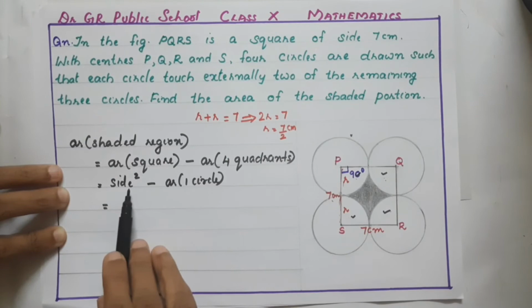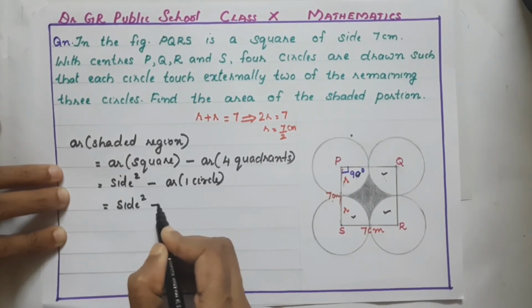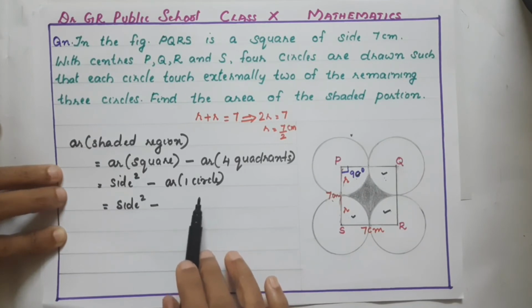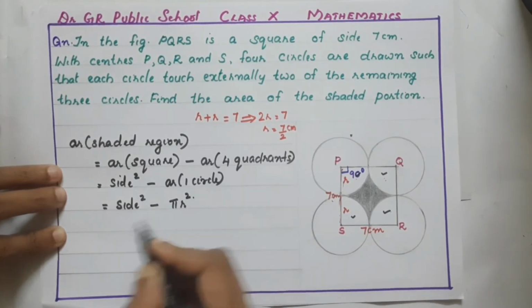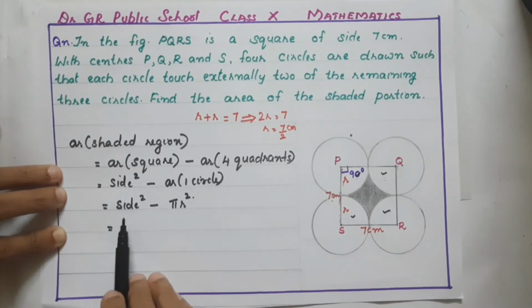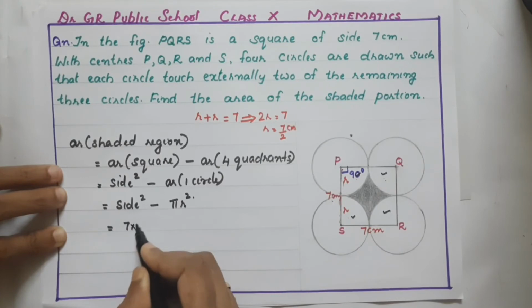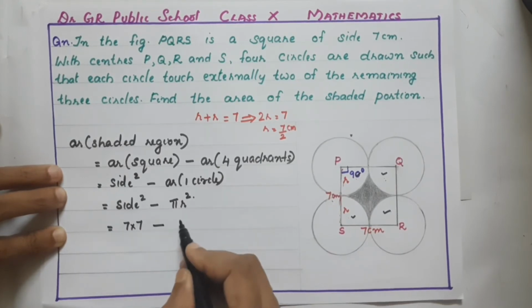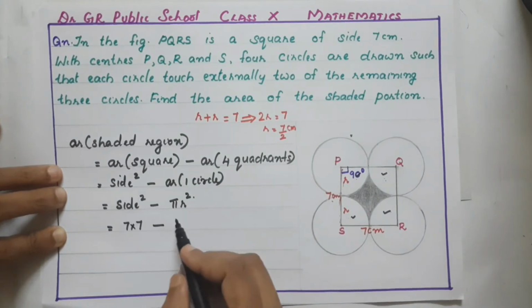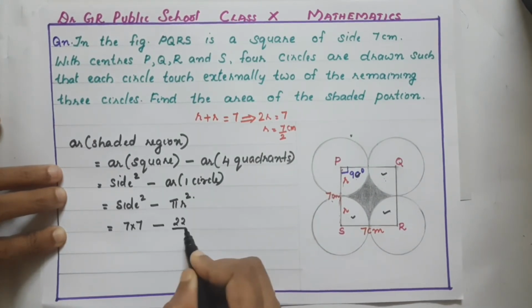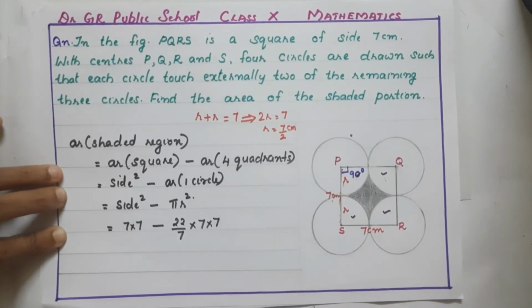Now side square minus area of one circle, area of circle formula pi r square. What is the side? 7 centimeters. So 7 into 7 minus pi, nothing is mentioned, so we can put 22 by 7 into r square.